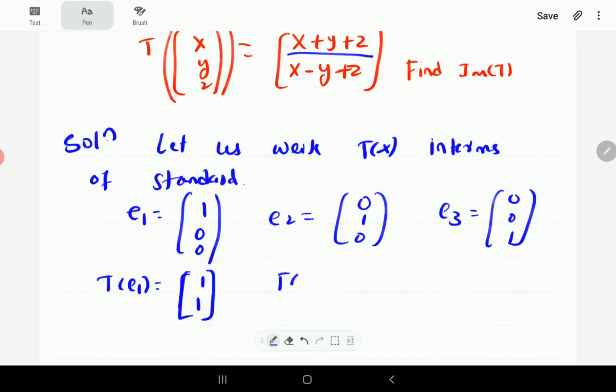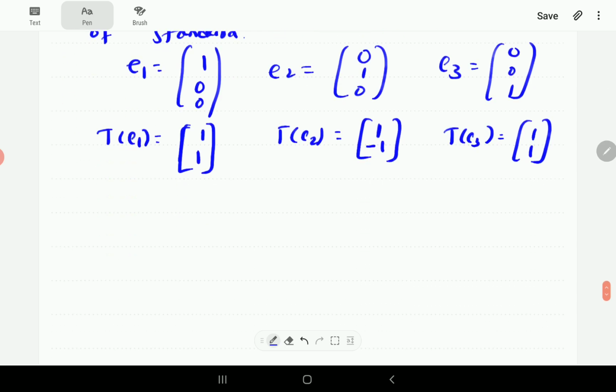So T of E1 is (1, 1). T of E2: x is 0, y is 1, so it is 1 in the first, and since y is negative, it is negative 1 in the second. T of E3 is (1, 1). So this is our T of E1, T of E2, T of E3.